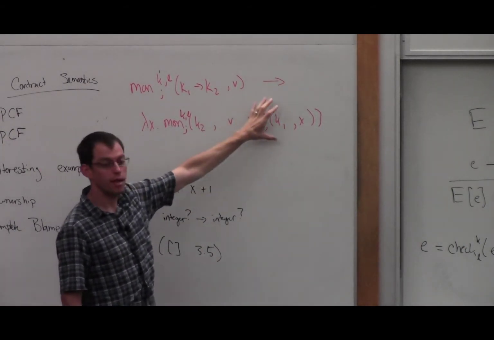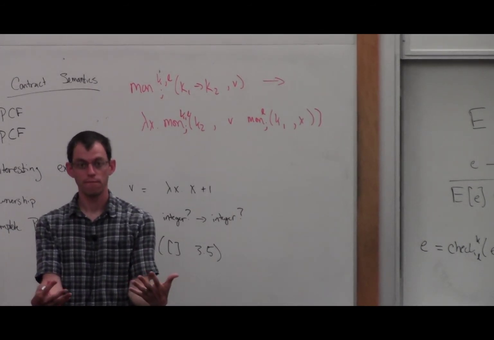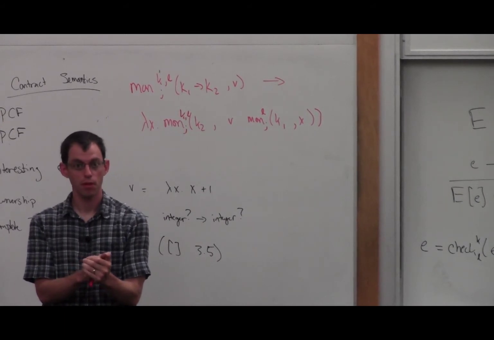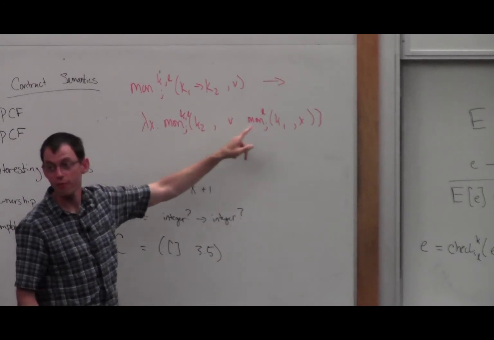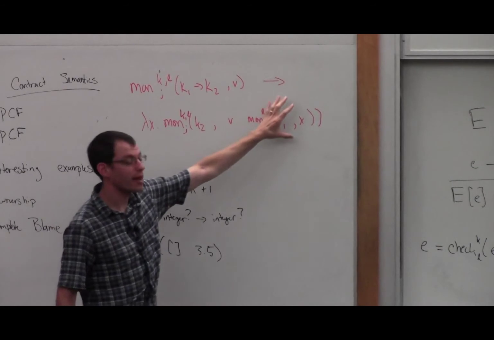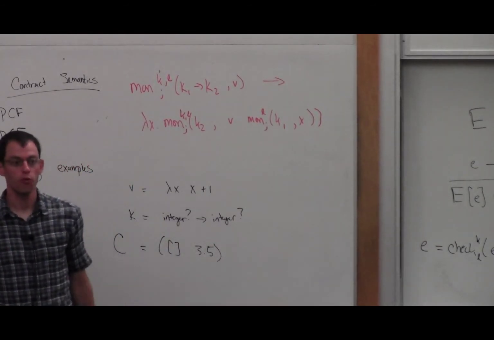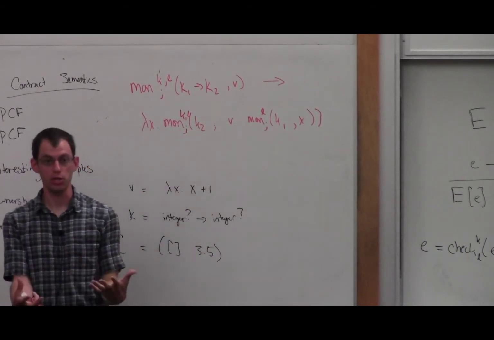We're taking it and handing it off to V, right? We're applying V to this. So we're taking whatever value we get out of this monitored expression and we're giving it to V. So V is the context that this is going into.